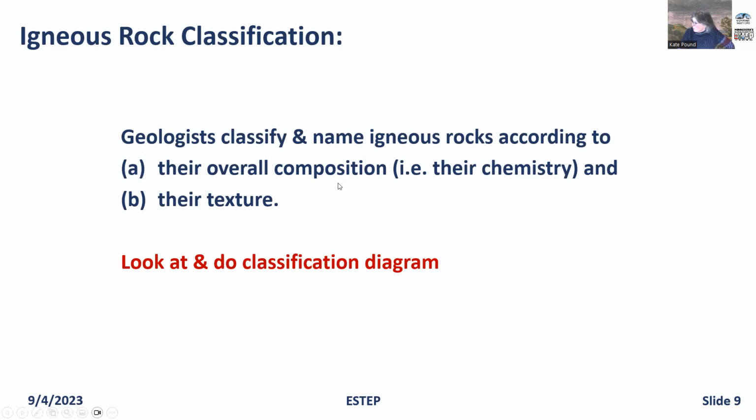So we use their composition, and in this case I'll say, oh, that's their chemistry, and their texture. So I'm going to switch to the document camera now, and we're going to do a simple classification.